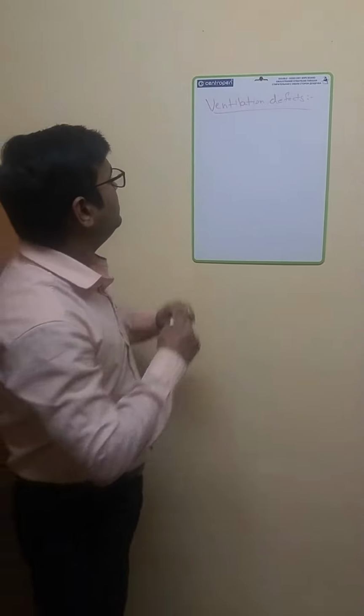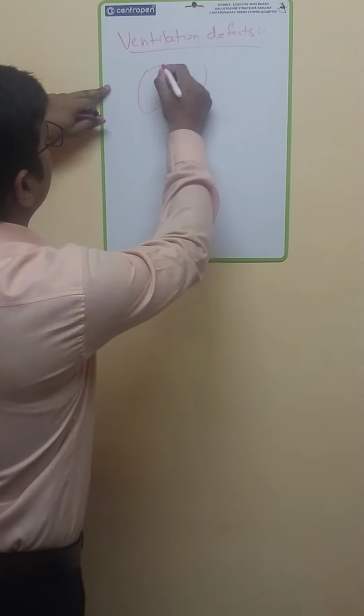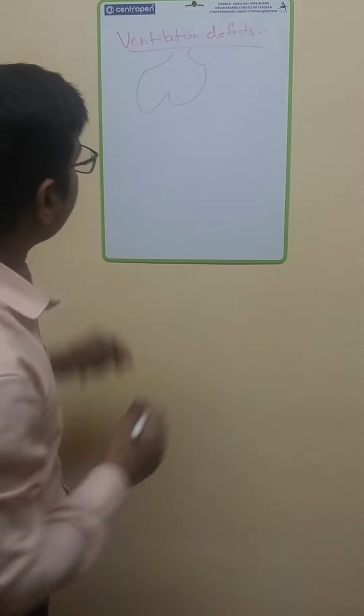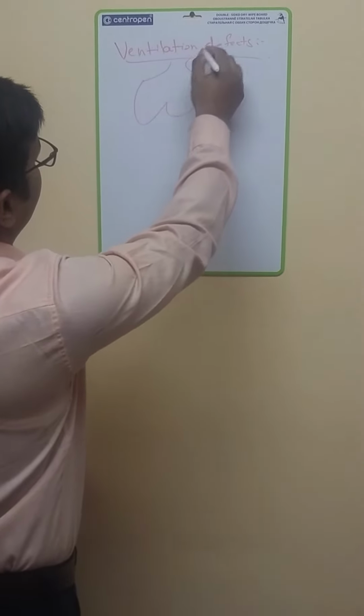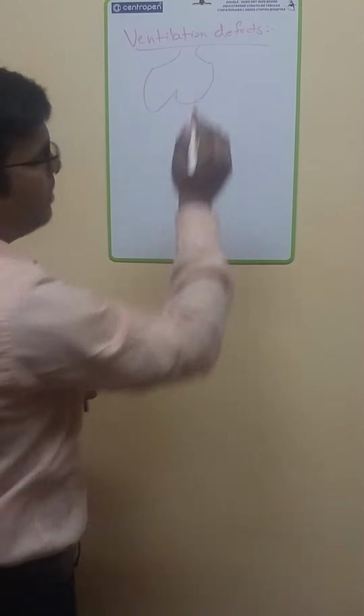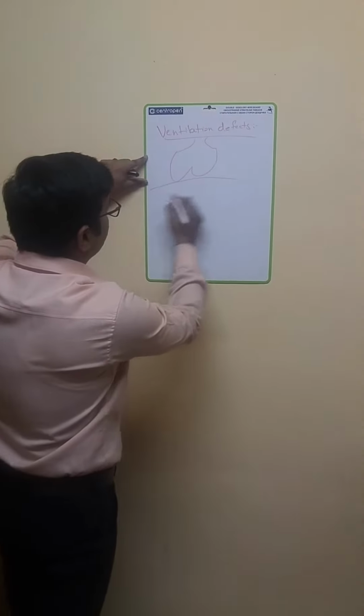For example, this is your alveoli. Now, the defect will be in the upper respiratory tract. There will be ventilation defect. Now, I would say one thing, there are pulmonary capillaries going here.